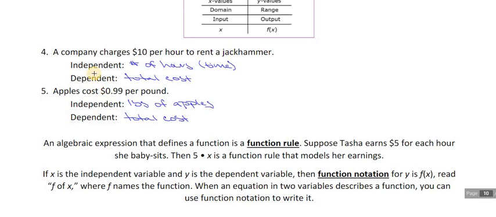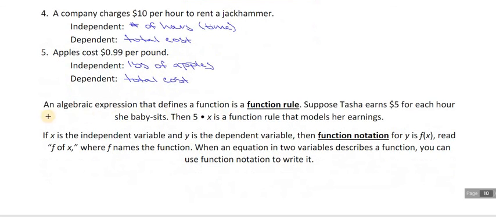Numbers 4 and 5 are getting a little bit more specific because they give us a rate per hour for number 4 and a rate per pound of apples in number 5. So then we're going to actually be able to literally write an equation or a function rule for numbers 4 and 5.